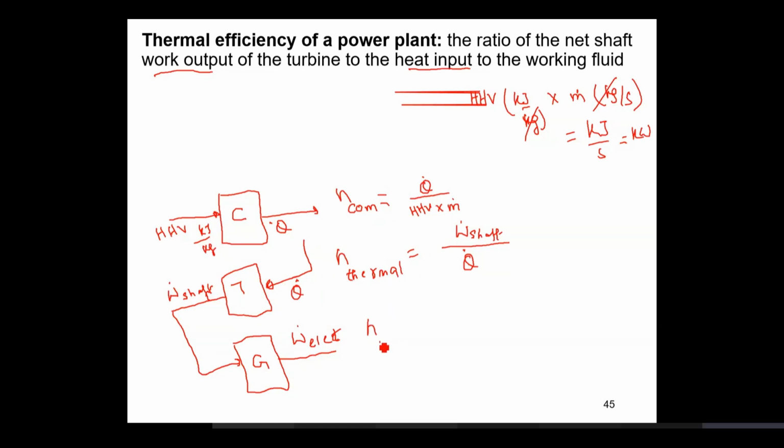So the efficiency of the generator would be, what is the input for the generator? Mechanical work. Yes, shaft mechanical work. All right, great, very good. The work of the shaft, and what is the output? Electrical power coming out of the system. Clear? Is this point clear to you?